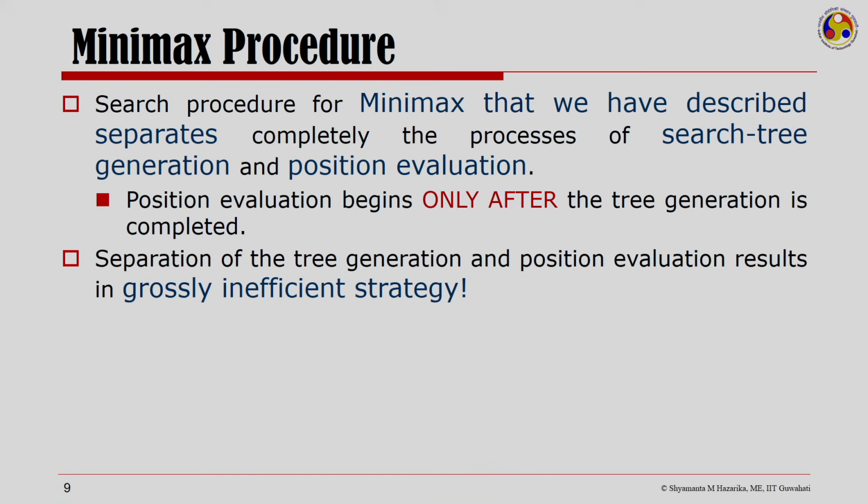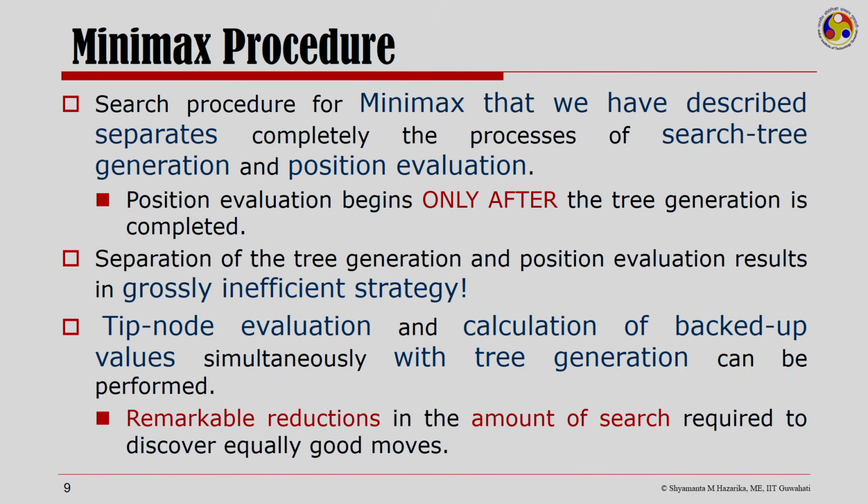Separation of tree generation and position evaluation results in a grossly inefficient strategy. So is there some way in which tip node evaluation and calculation of backed up values can be done simultaneously with tree generation?